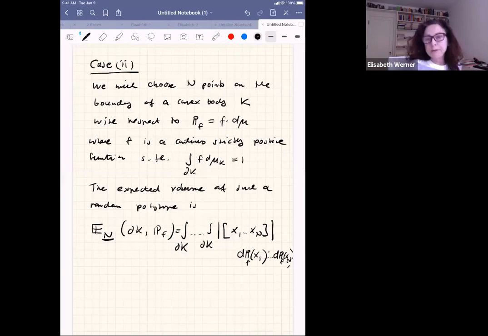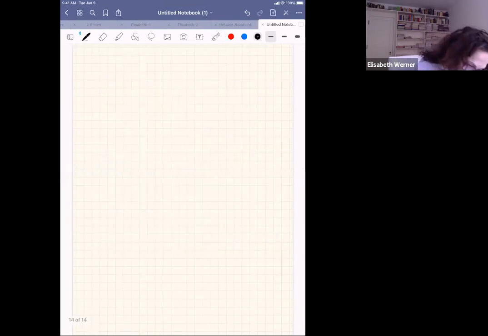Then if we look at the volume difference of the body and the volume of this random polytope, which we have written here, then we'll get how well this random polytope approximates the body in the symmetric difference metric. So let me write down the theorem which gives us this. And this is Carsten and myself.